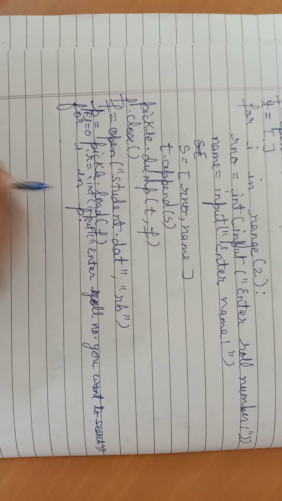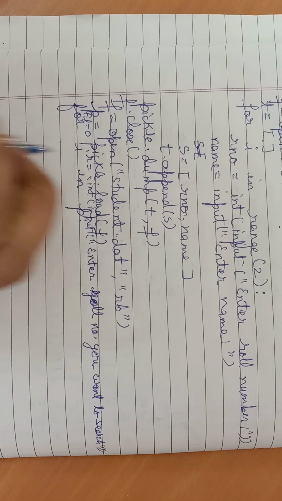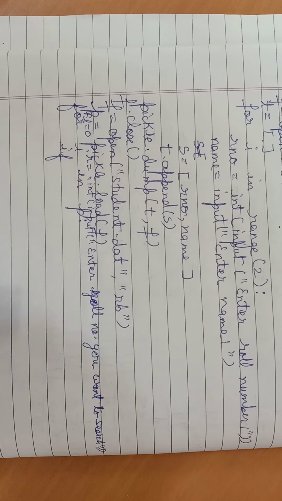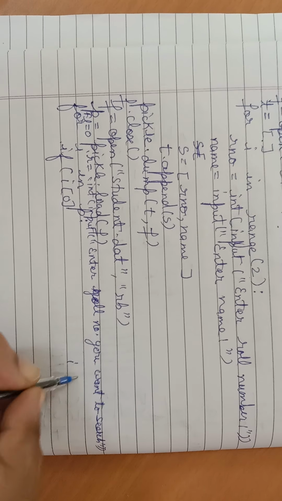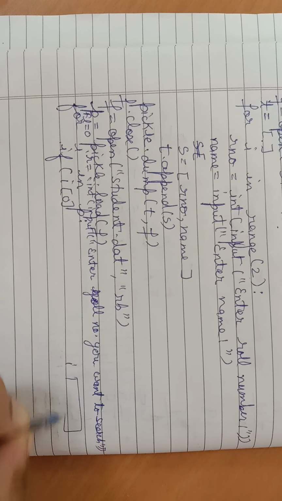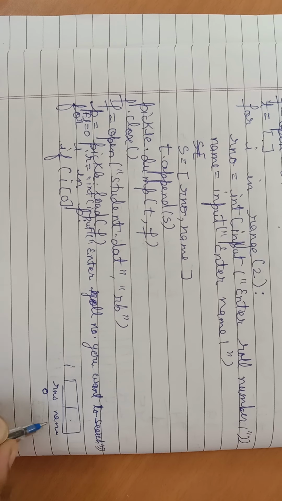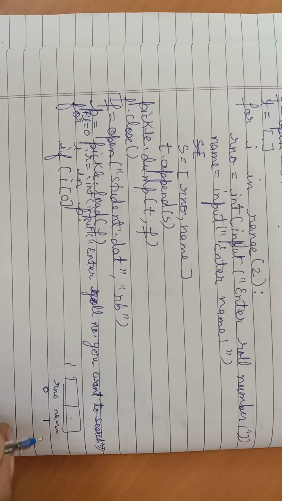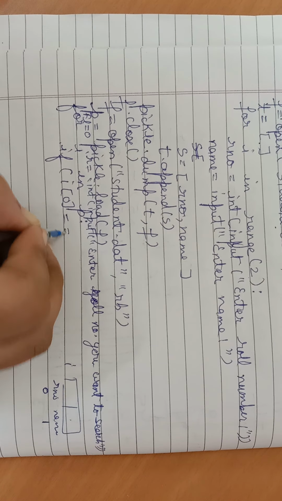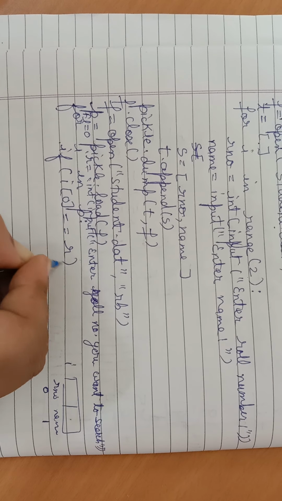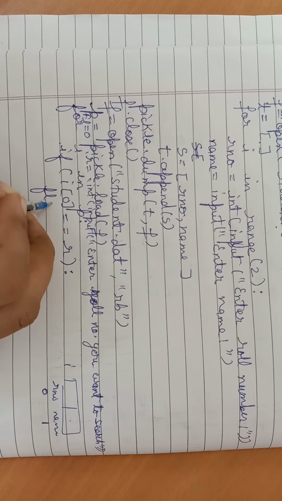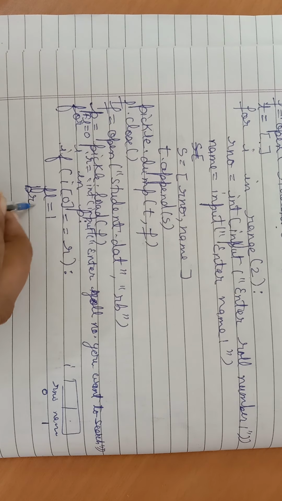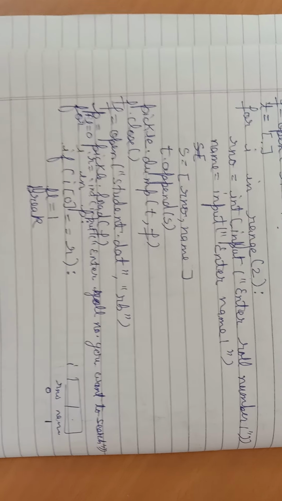When we pick one record from the nested list, we will check: I contains the whole record in which the roll number and name are there. The roll number is present at the 0th index of I and the name is present at the 1st index of I. If I[0] double equal to the user-entered roll number, that means we found the record. We have to set the indicator as 1 and we come out of the loop by breaking the loop with the help of the break statement.